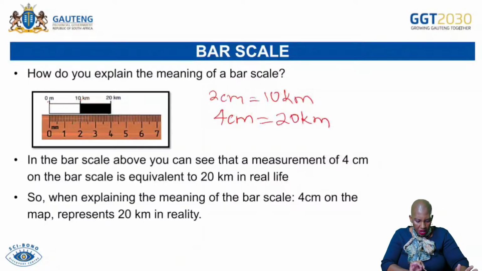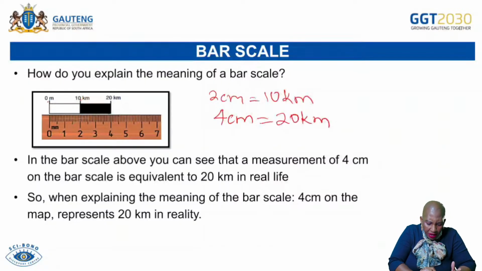kilometers. So now it says, in the bar scale above, you can see that a measurement of 4 centimeters on the bar is equivalent to 20 kilometers in real life. So when explaining the meaning of the bar scale, you say 4 centimeters on the map represents 20 kilometers in reality.